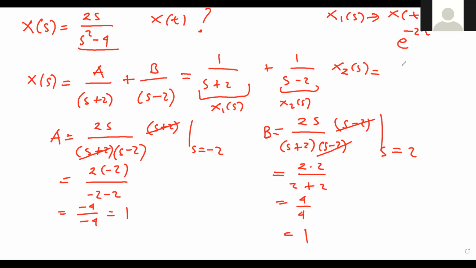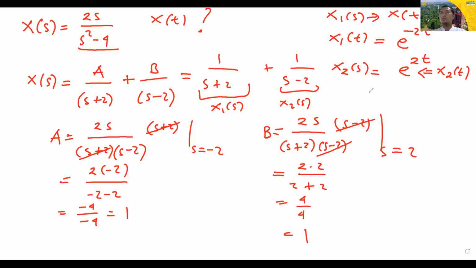And for x2(s), it is e to the minus something like this, and then we got this is x1(t), and this is x2(t) here.